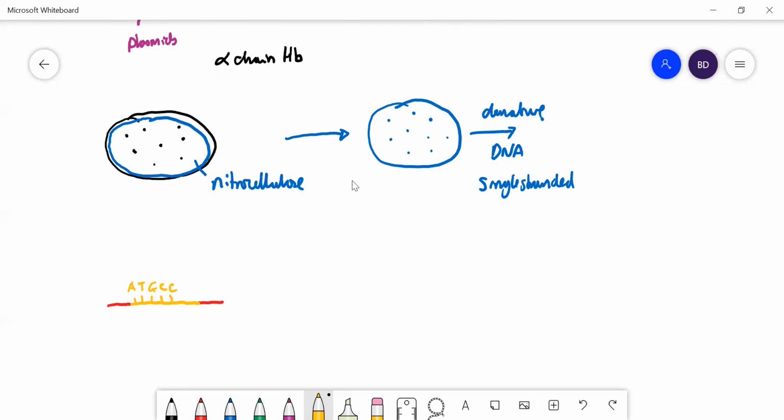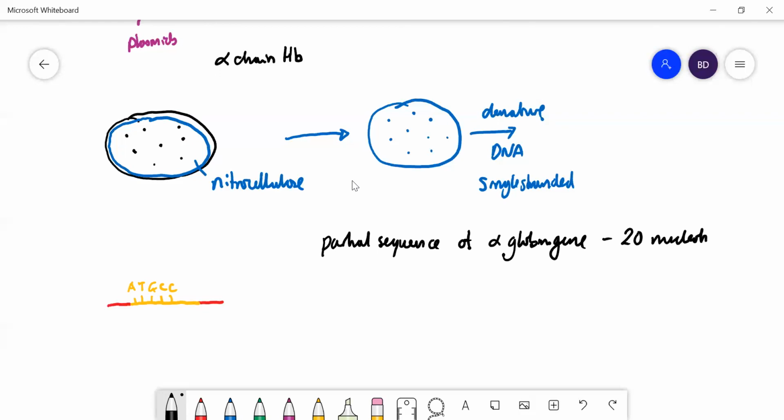Okay. So to identify, say, the alpha gene, we need to get a partial sequence of that. You don't need the whole sequence, you just need about 20 nucleotides of the alpha globin gene. There are various ways in which you can get it.